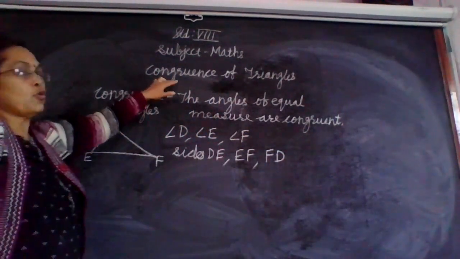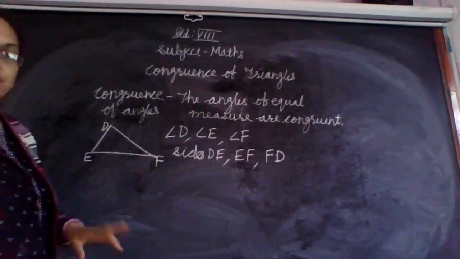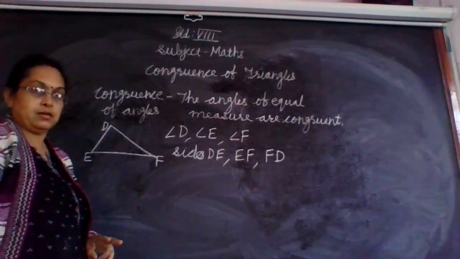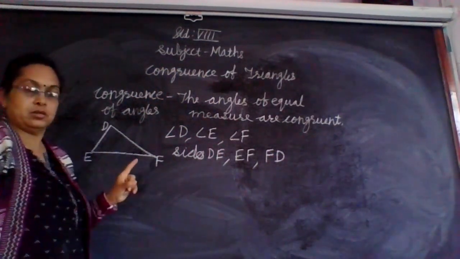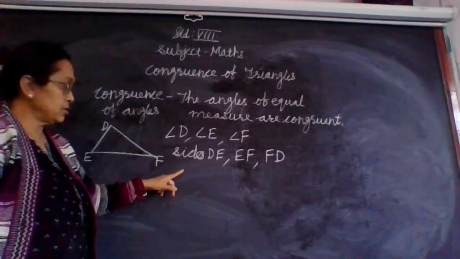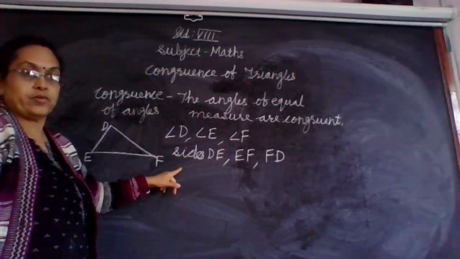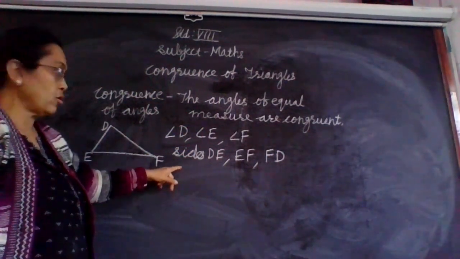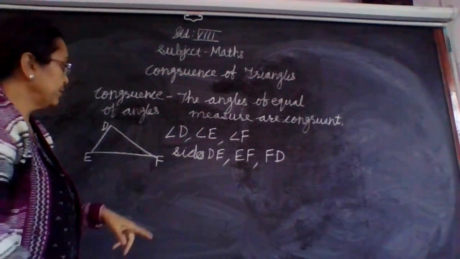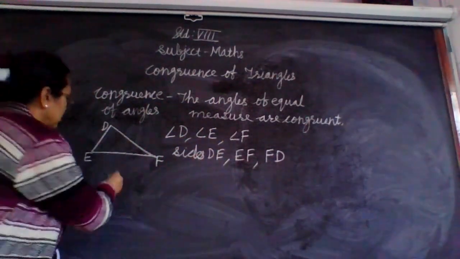So in case of congruence of triangles, if we have two triangles, then for each triangle we will see these three factors and these three factors, and then we will compare whether they are congruent or not. Means angle D, angle E, angle F for one triangle.